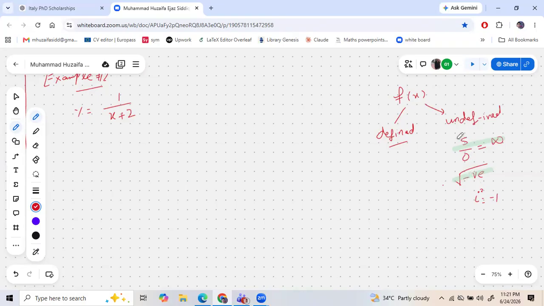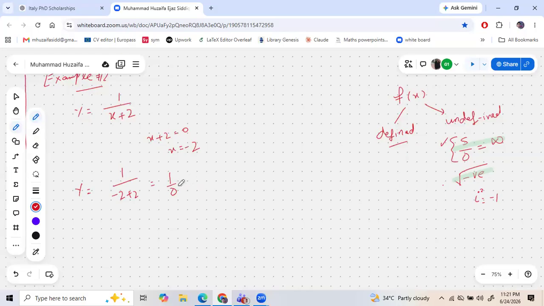So in your book we are studying that point, and on behalf of this, our function is 1 over x plus 2. Suppose x is equal to minus 2, and when we put it in, 1 over minus 2 plus 2 is 1 over 0. Look here, we have this type of situation, something over 0.